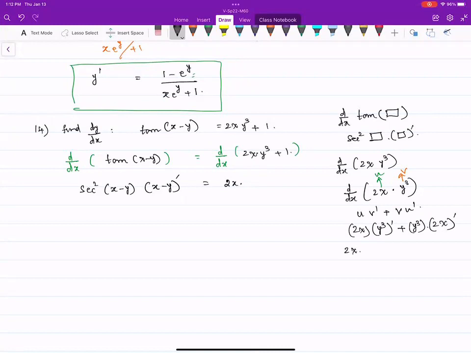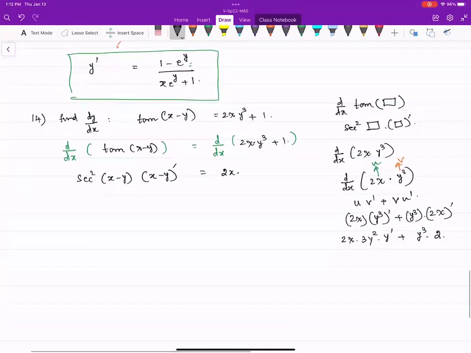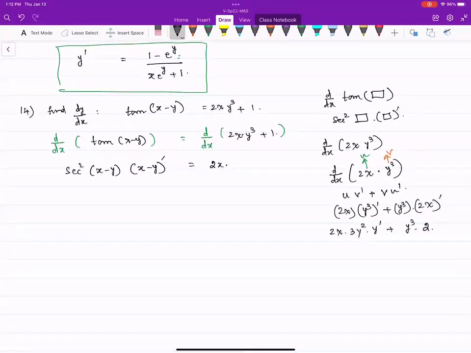What is the derivative of y cubed? When we say derivative, it is with respect to x, so we use the chain rule: outer derivative times inner derivative. That will be 3y squared times y prime. Plus y cubed times the derivative of 2x, which is 2. So the first term is 2x times 3y squared y prime, plus 2y cubed. Then what is the derivative of 1?